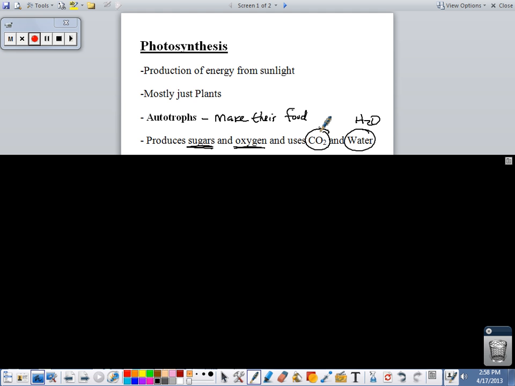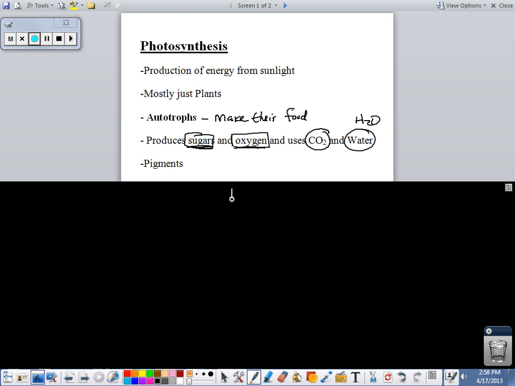And water is an abundant source on our planet in most places. Now there are deserts and such where there's not as much water, but it's relatively abundant. And it produces sugars needed for energy, and then oxygen, which is then needed by the animals and other things as well. So it's a really cool cycle that's occurring.